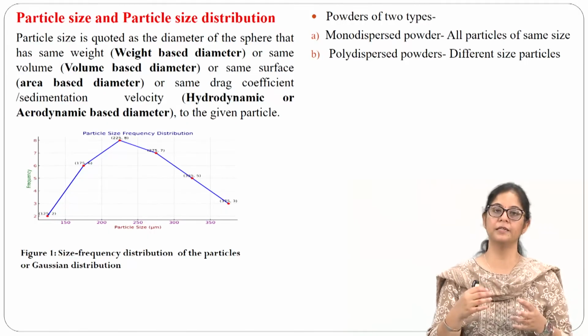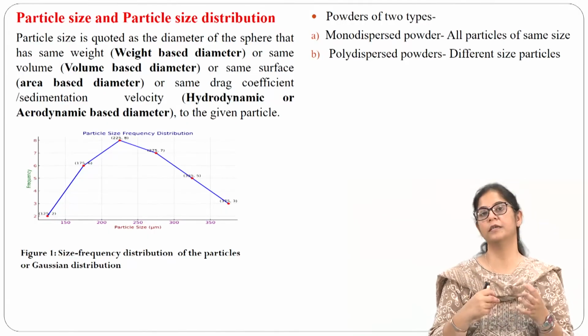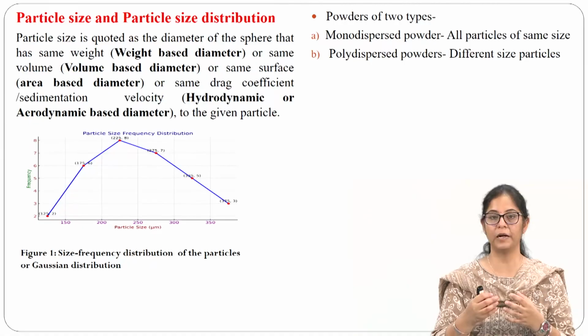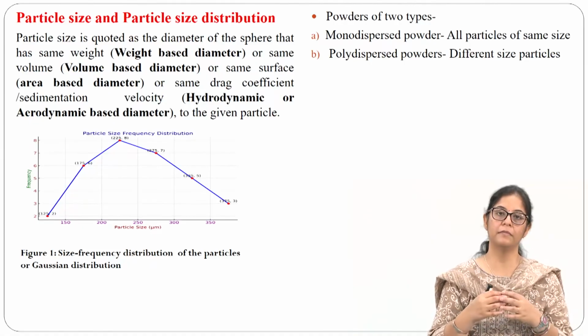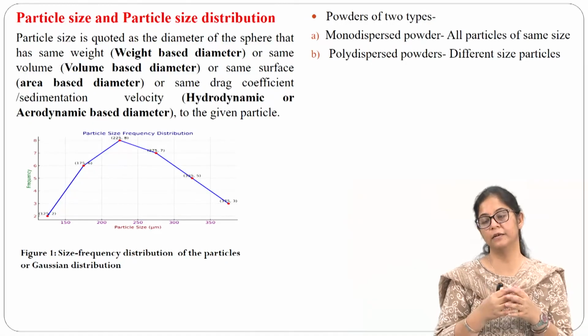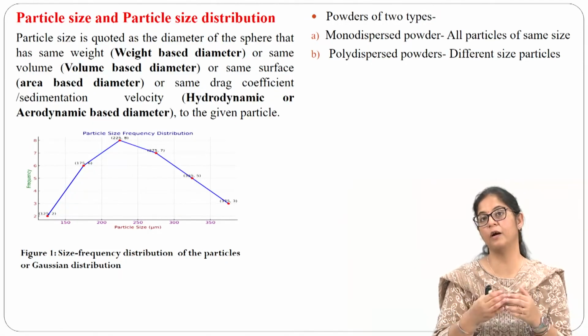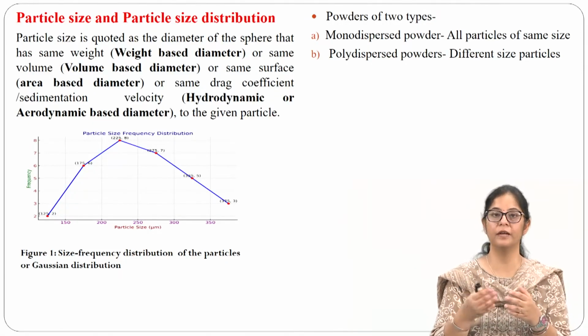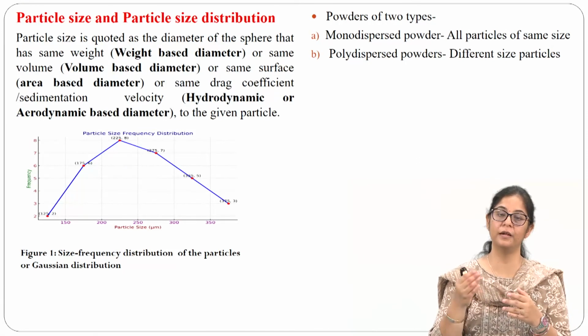So bulk characteristic is, as we are dealing with not one particle, we are dealing with some kgs of material. So this material thus becomes bulk, and how it is going to behave when we are using it in bulk.